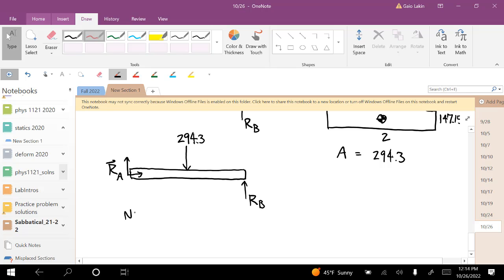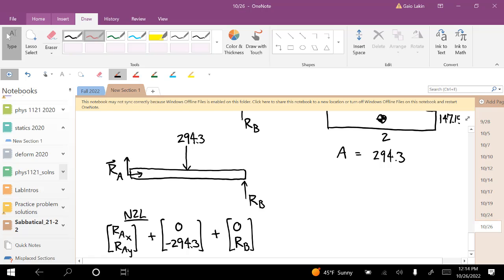Okay, so Newton's second law says RAX, RAY plus 0, negative 294.3 plus 0, RB is equal to zeros.